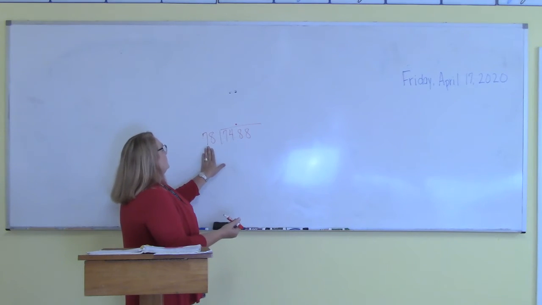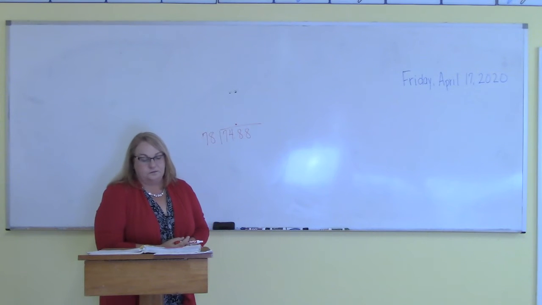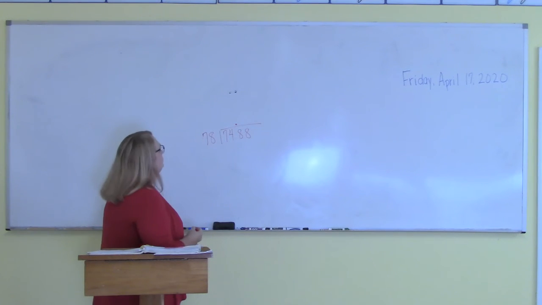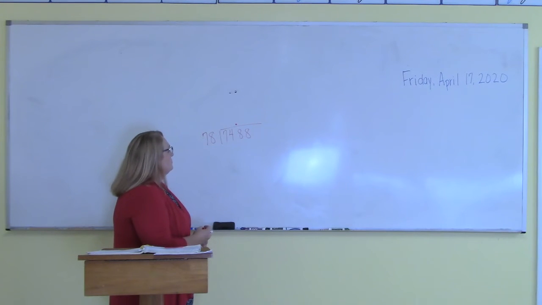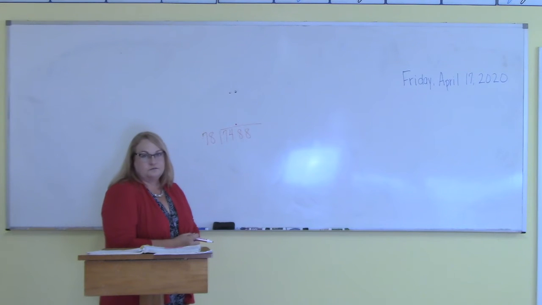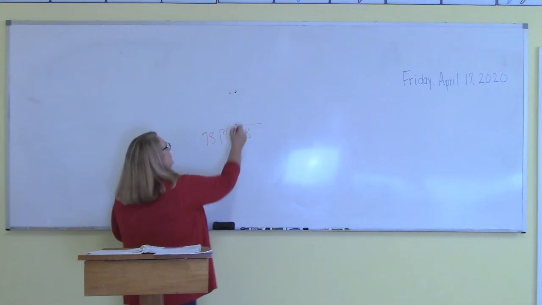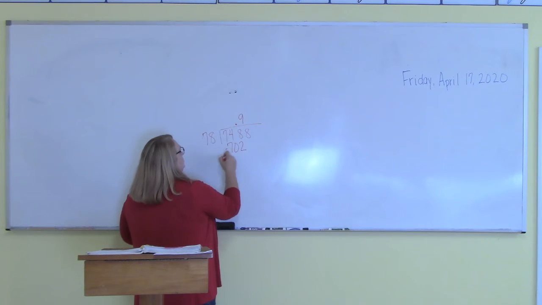How many times can 78 go into 748? Okay, 9 times. 9 times 78 is 702. Subtract it out. 8 minus 2 is 6. 4 minus 0 is 4. Bring down your 8.